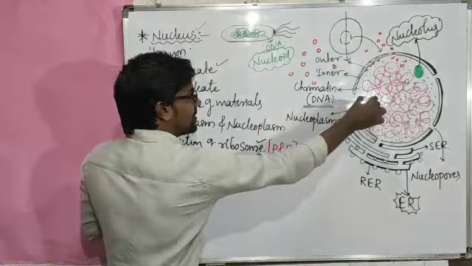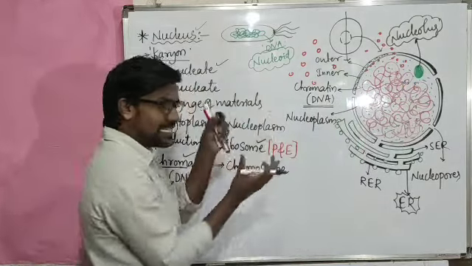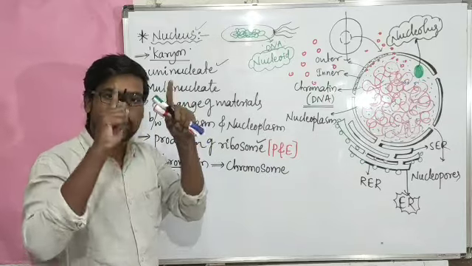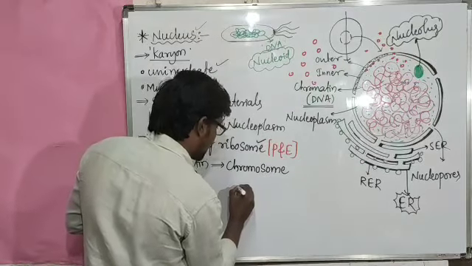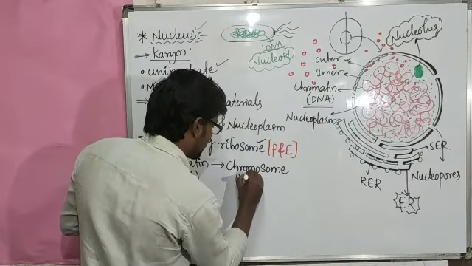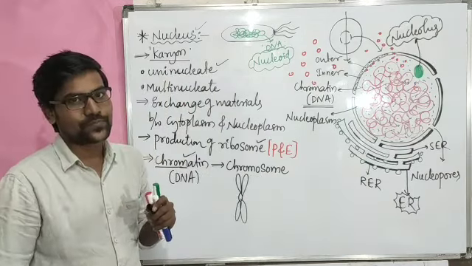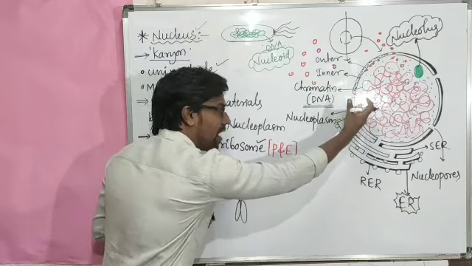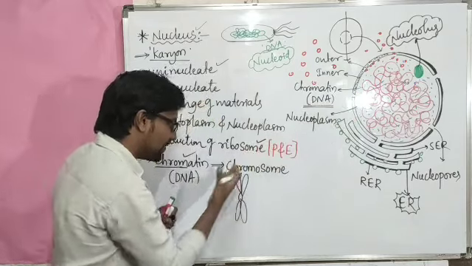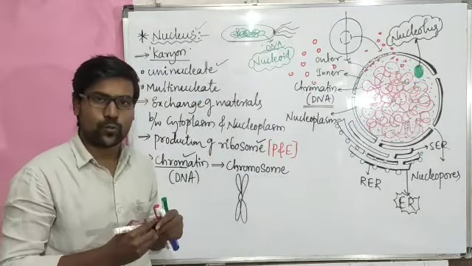Imagine this thread-like structure perfectly folded into one shape, an X-shaped structure like this. This we will call a chromosome. Chromatin or chromatin network is further coiled in the form of a chromosome.